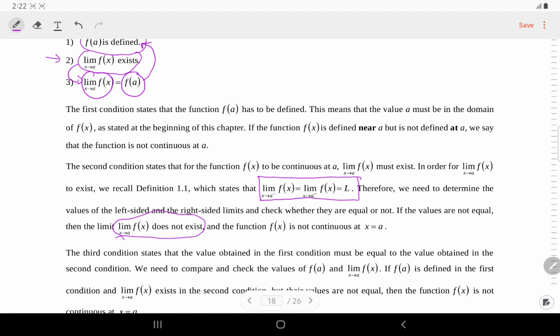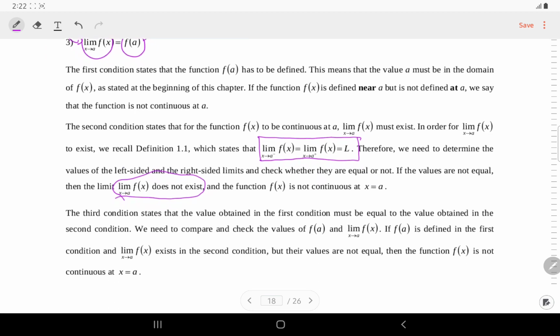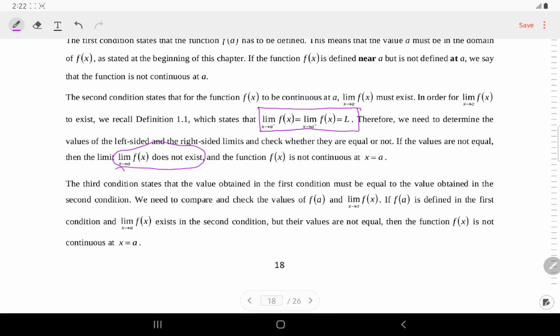If the first condition, second condition and also third condition are satisfied, we can conclude that the function is continuous. And if one of these conditions is not satisfied, we can say that the function is not continuous.